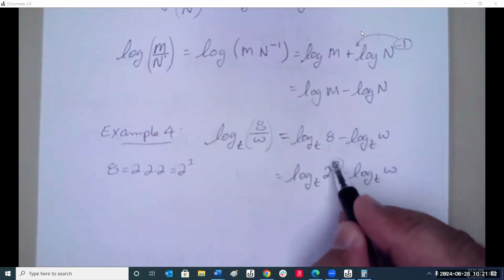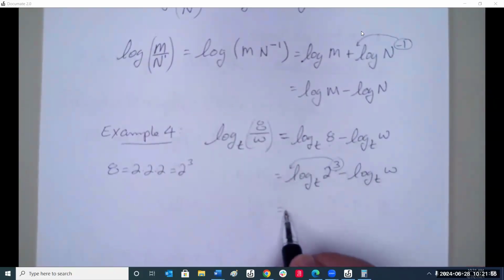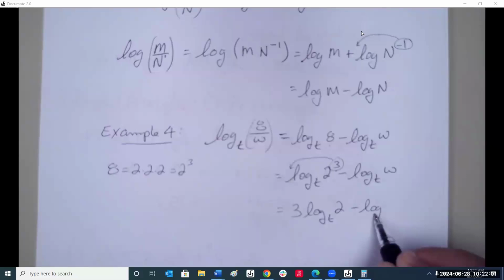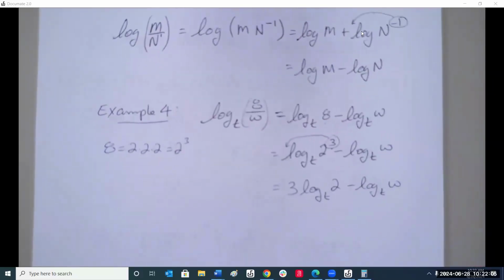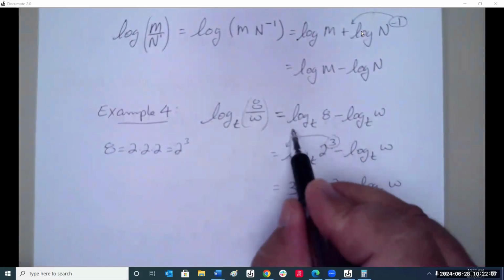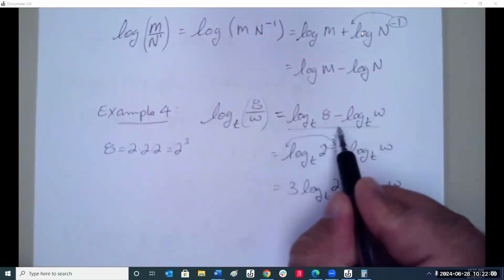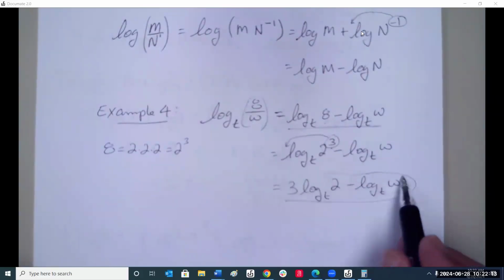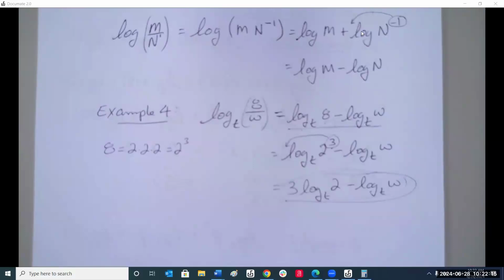So this 3 comes out in front. This is not a bad answer, what you gave me originally, but in the rules of math it's always take it as far as you can.